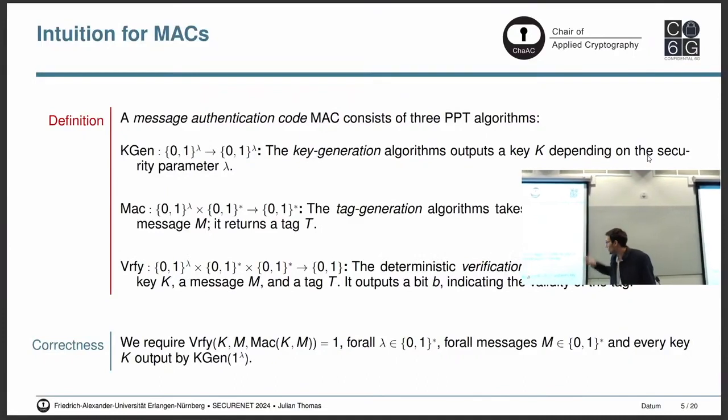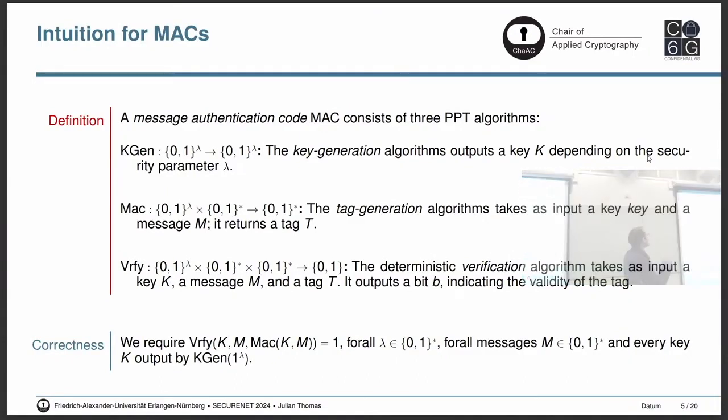To be a bit more specific, more mathematical, a message authentication code scheme consists of three algorithms. We have a key generation algorithm like most cryptographic schemes. In our methodology, we don't really care about the key generation, we just assume it is there and it is secure.